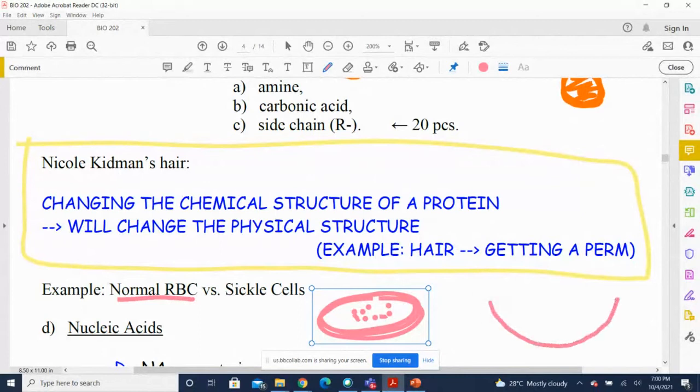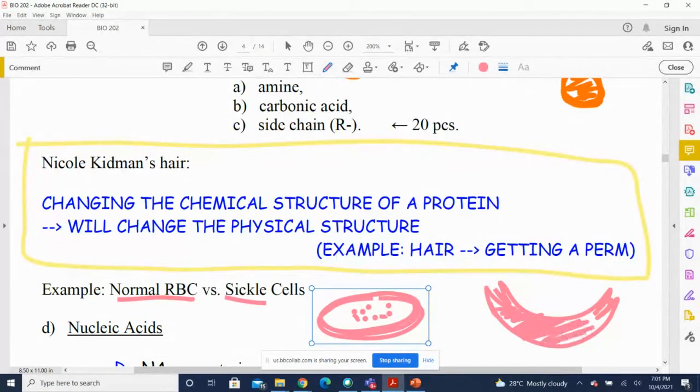We can also have sickled red blood cells, where we have an error of a single base in the DNA that codes for the red blood cells, and that single base causes one amino acid to be different from what it should be, and the entire shape of the red blood cell changes.